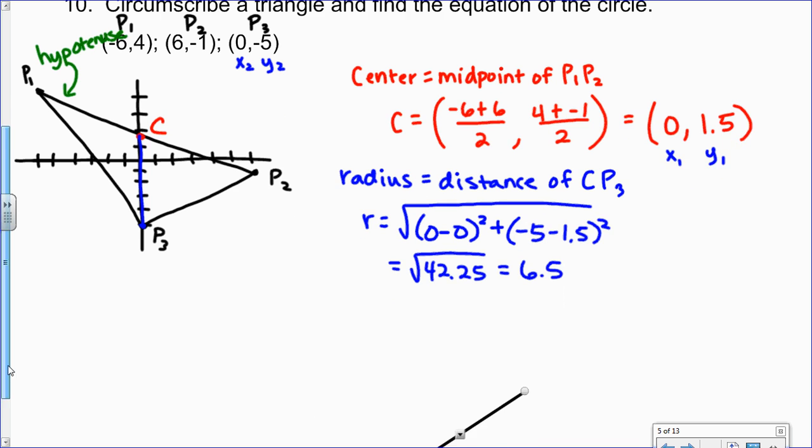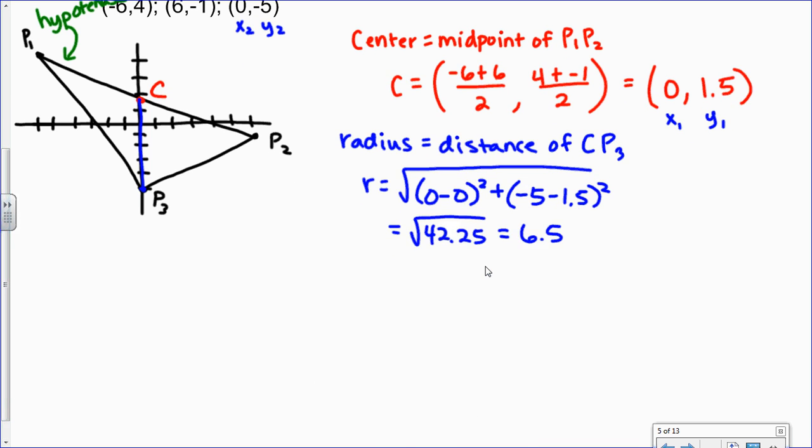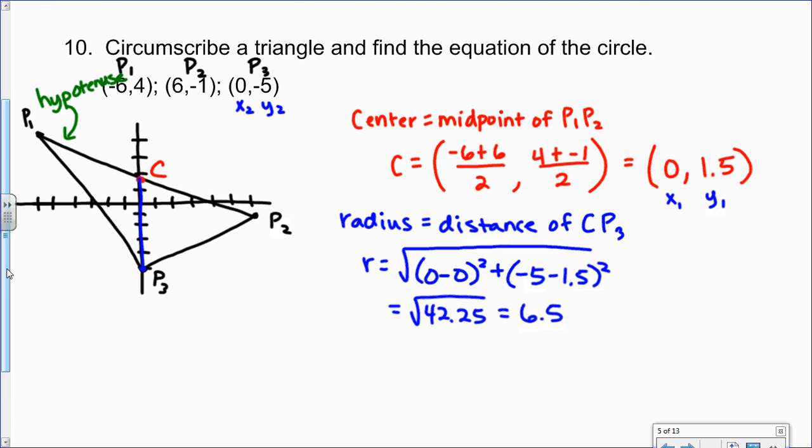So let's go ahead and write our equation, and then we will draw the circle around the triangle. Okay, so x minus, what's the x-coordinate of my center? 0 squared plus y minus 1.5 squared equals r squared, which is what?